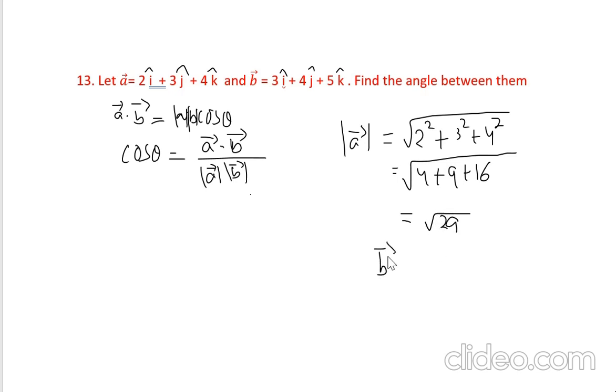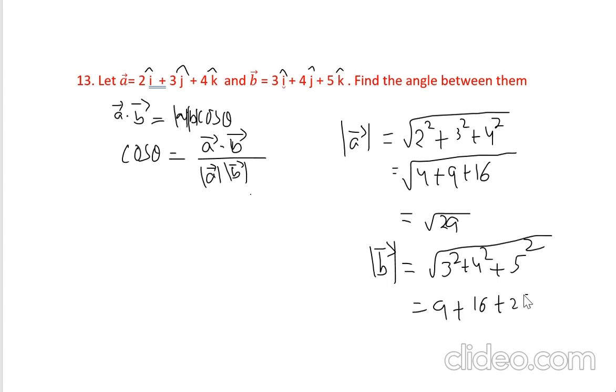Similarly, the magnitude of the B vector is 3 squared plus 4 squared plus 5 squared, so it's 9 plus 16 plus 25, which is root 50, which I can write as 5 root 2.